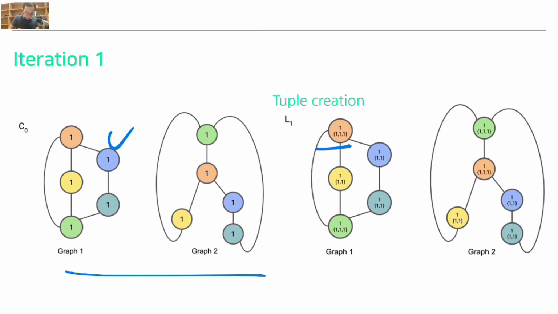Similarly, this has the 2, 1 neighbors. I'm sorry, in this case we're not considering the self node representation, in this example it is just from neighbors. So it has 3 edges, right? And the blue node has 2 edges. We assign this, and the yellow node has 2 edges. Similarly, we can create the tuple from the neighbors.